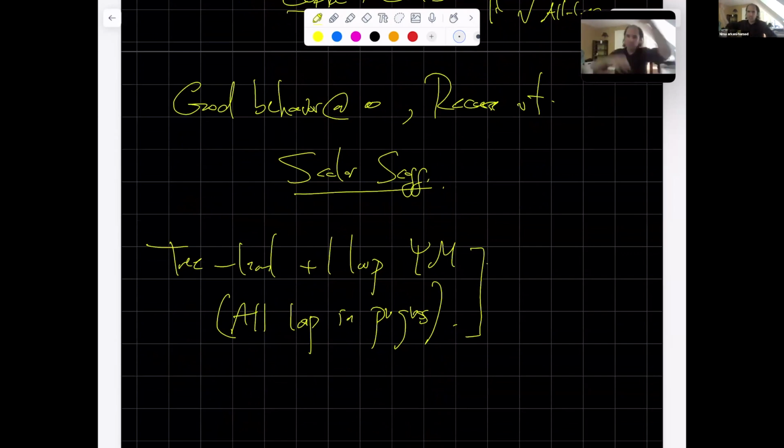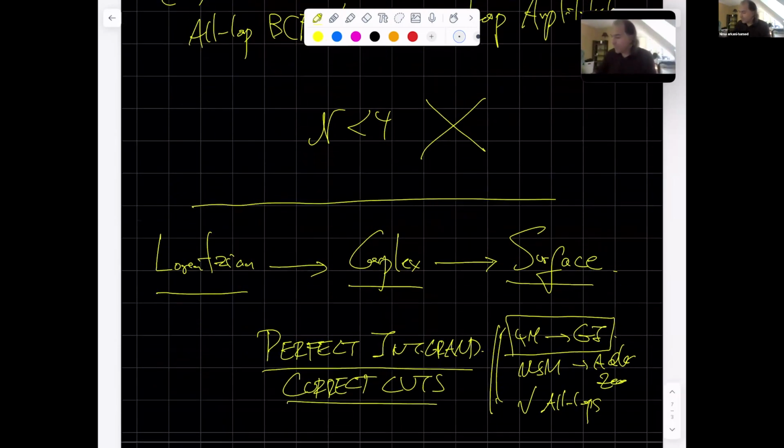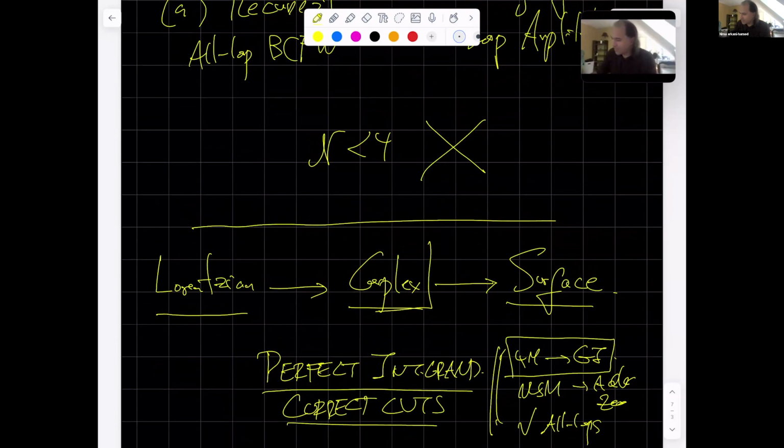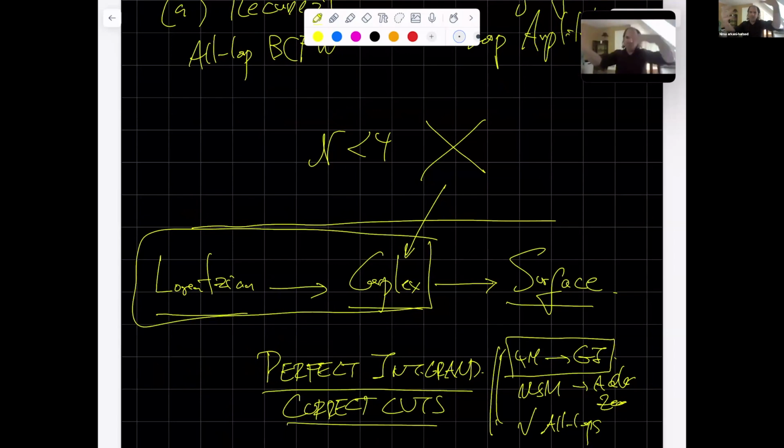Okay, no big machine, nothing different for rational terms and this and that. Non-supersymmetric Yang-Mills integrands, any number of dimensions. As usual, you go to these complex objects to determine the perfect thing. And then, of course, nothing stops you from specializing back to the physical one.